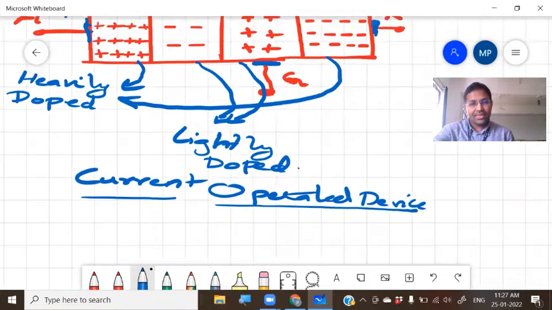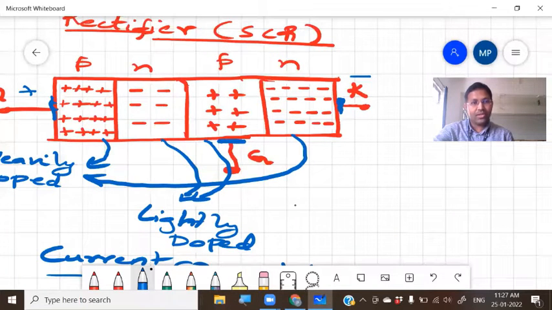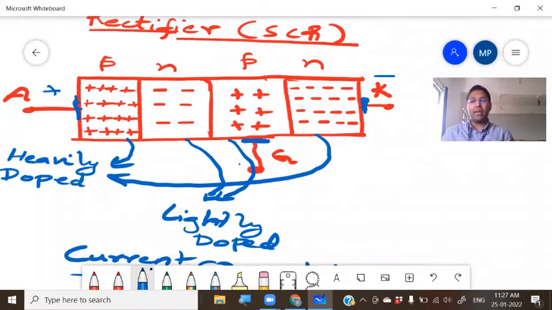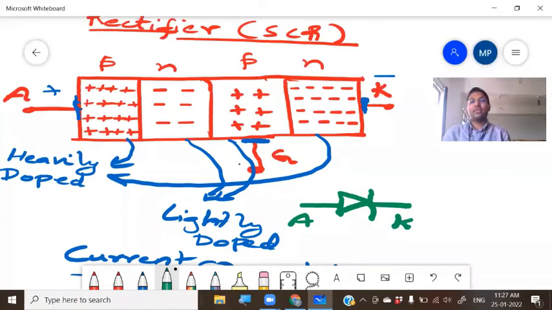Now the symbol of this device is very simple. The symbol is somewhat similar to that of a PN junction diode. A PN junction diode has anode and cathode, so the symbol is very much similar.